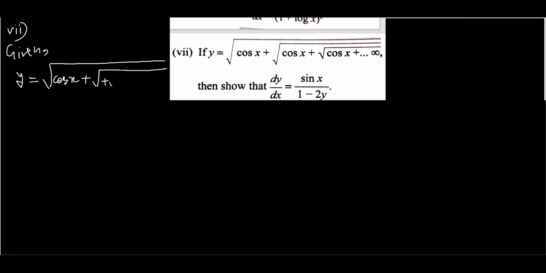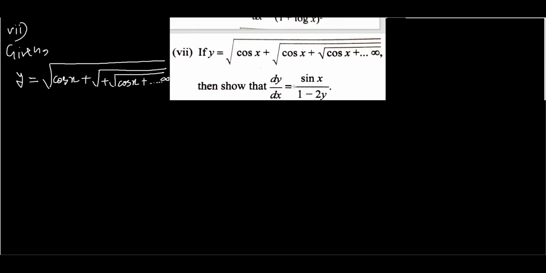Here I write the question. What am I given? In the seventh question, given y equals square root of cos x plus square root of cos x plus square root of cos x plus square root of cos x, and this way it goes up to infinity.